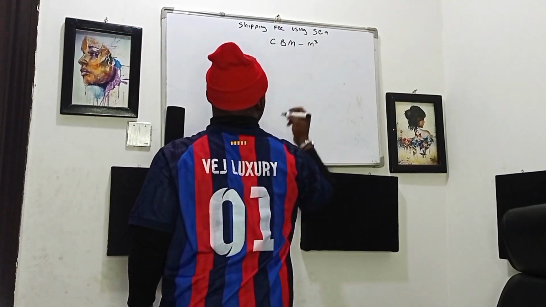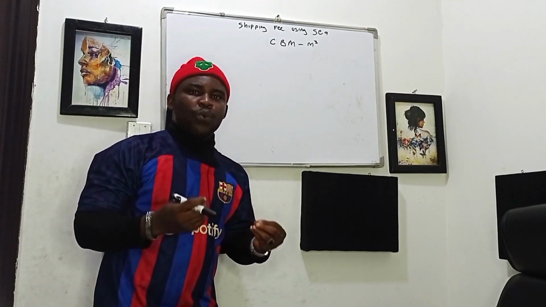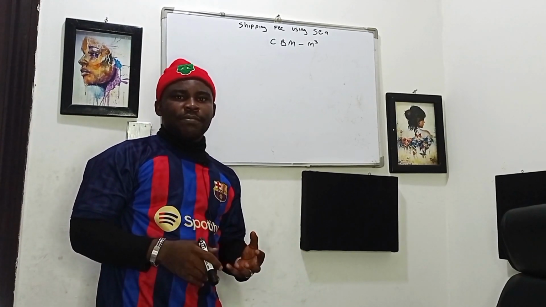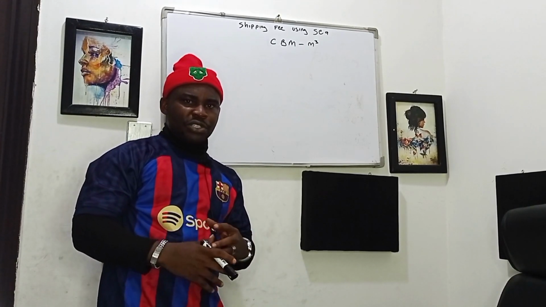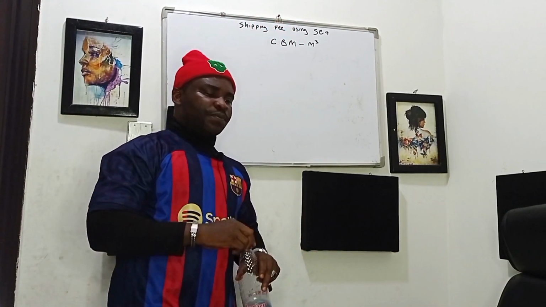Meter cube, sorry, because you're going to take the length, the breadth, and the width of your item. So if you're carrying an item in a carton or a box, they're going to measure the length, the width and the breadth of your item, and then they are going to send it over to you.